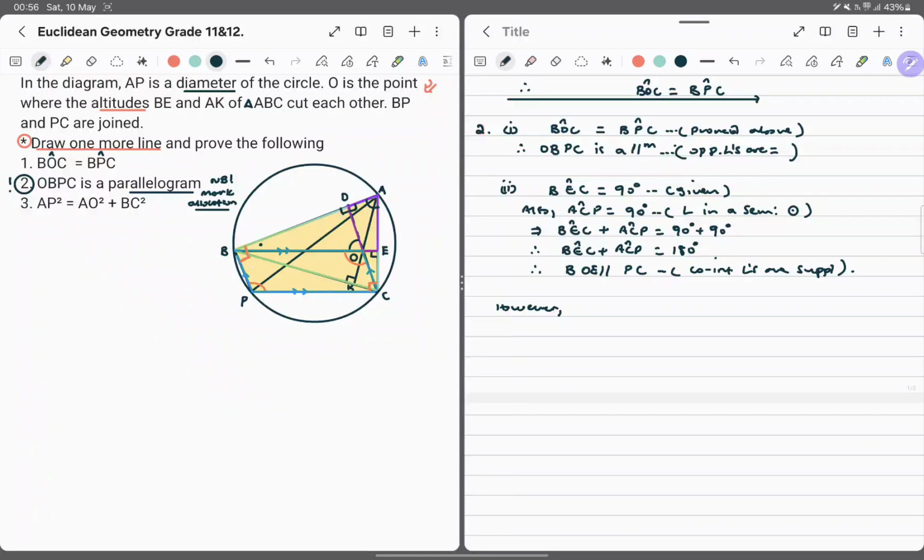We know and understand that basically angle ABE plus angle BAC, we need to be consistent about how we called that one, should be equal to angle BEC.